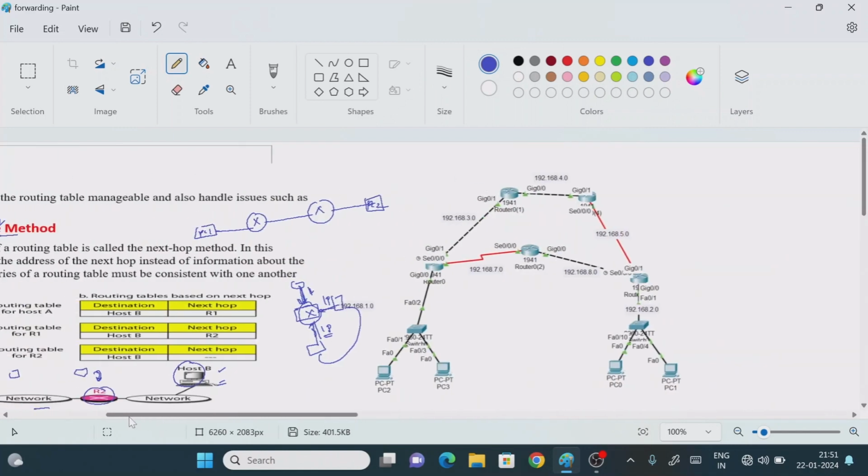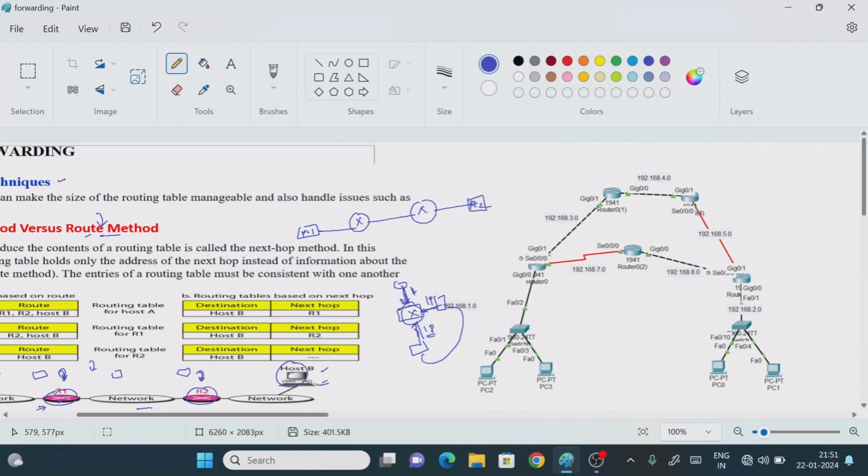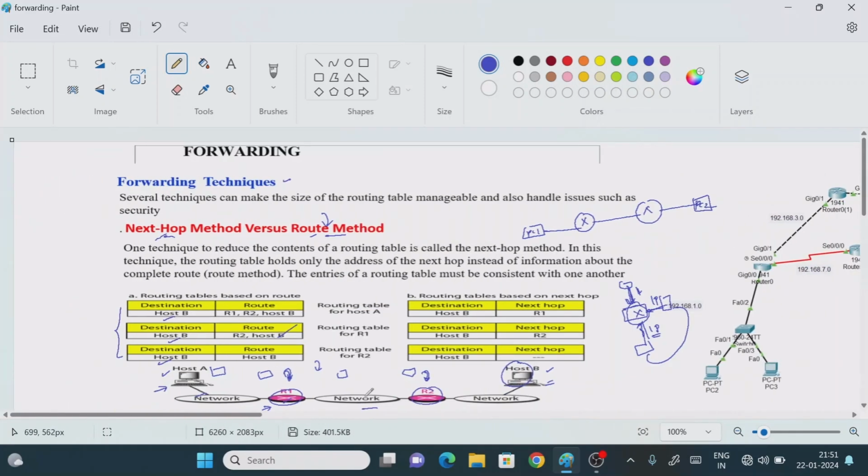It means that when the packet reaches R1, it should have the database of R2 as well as host B. That is what is mentioned here. Once the packet reaches R2, now it should have the database of the entire network. In this scenario I'm considering this direction, so what is next to R2 is host B.